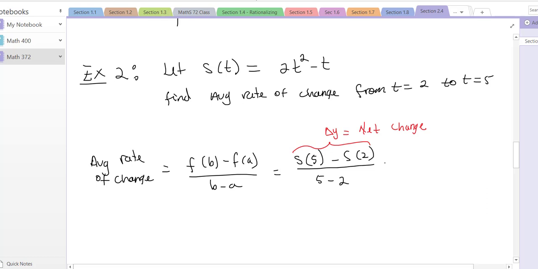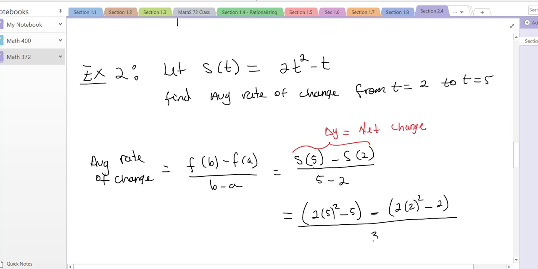So let's see. S of 5, so plug it into the function. So it's going to be 2 times 5 squared minus 5, right? I'm taking the 5 and plugging it into the t's, minus s of 2. So same thing, take the 2, plug it in for the t, so 2 times 2 squared minus 2 again, over 5 minus 2 is 3.